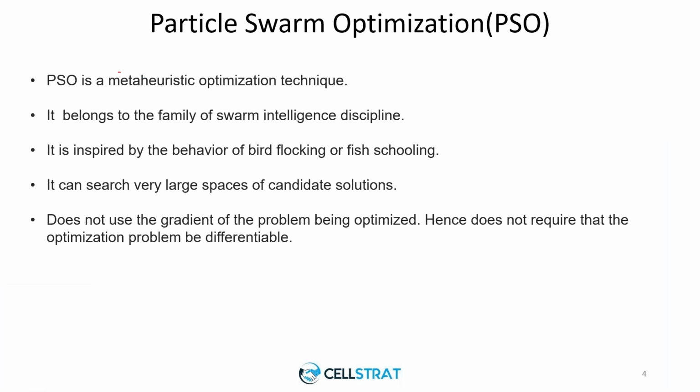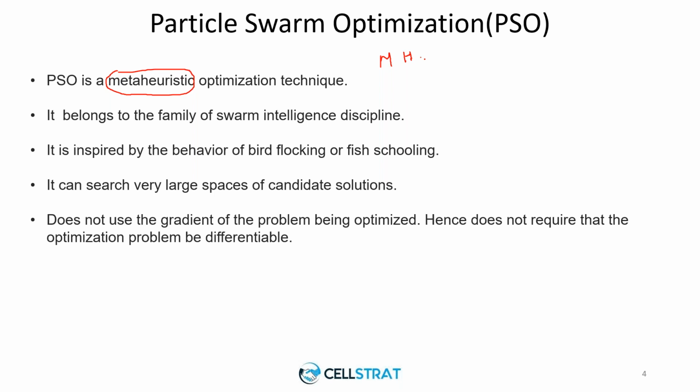So what do you mean by meta heuristic? We can divide this into two terms, meta and heuristic. Heuristic is nothing but finding a solution by trial and error, and basically heuristic techniques cater to only one type of problem.